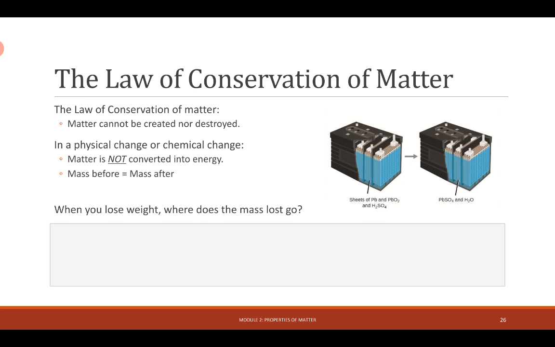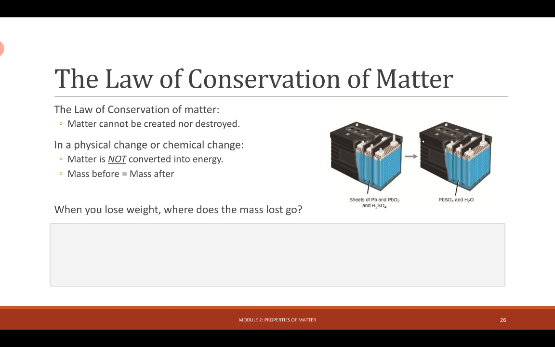So when we burn paper, we don't destroy that mass and turn it into energy. We are just converting from all the carbon atoms and oxygen and hydrogen that were in the paper and converting them into different substances, but we have the same number of atoms after than we did before.